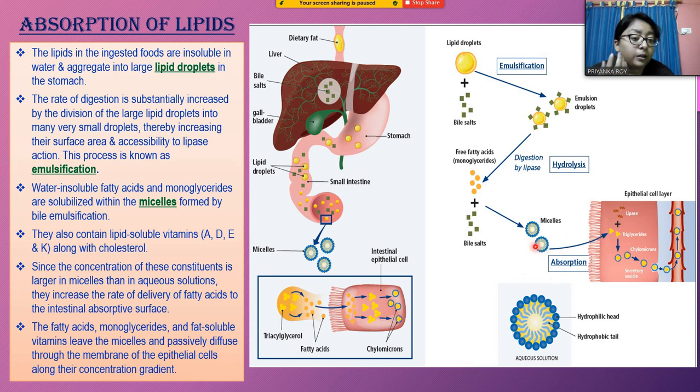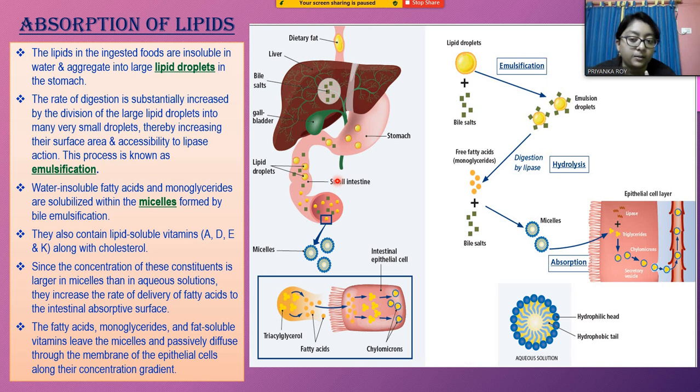And upon absorbing that, water insoluble fatty acids and monoglycerides are solubilized within the micelles. Because the bile salts are giving them a layer of protection, they are solubilized within it, and therefore the emulsion is formed.